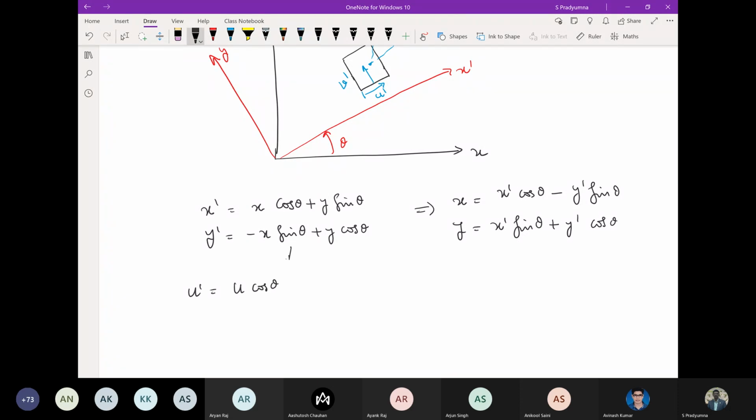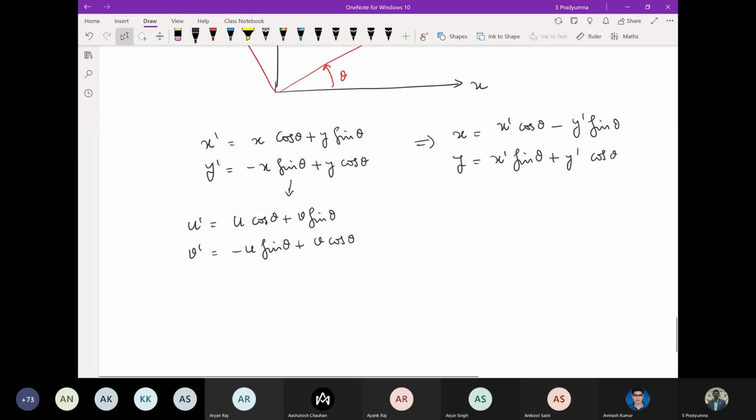I extend the same kind of equation here, plus v sin theta, and v dash is equal to minus u sin theta plus v cos theta. So this is the transformation I hope you are familiar with. Now let's say I want to write what is epsilon x dash, the normal strain along the x dash direction on a plane which is normal to x dash direction.